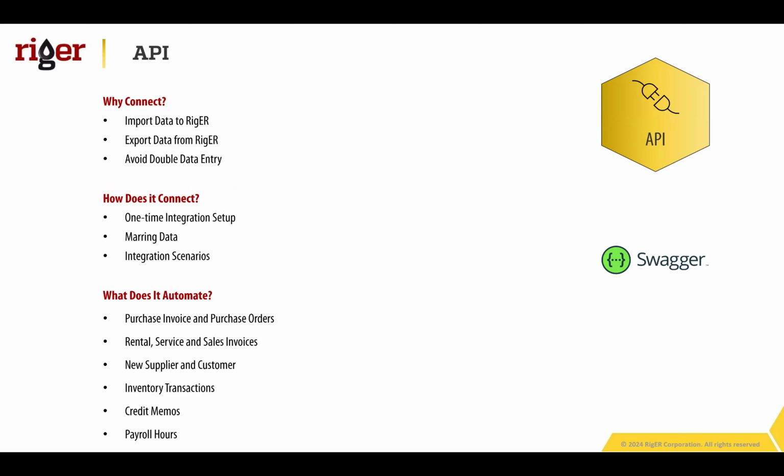We can use the API for data import and export, so third-party connectors are able to connect to RigER and extract information from RigER or add information to RigER. It's a one-time integration setup. We provide a very detailed description, and then the information is available.